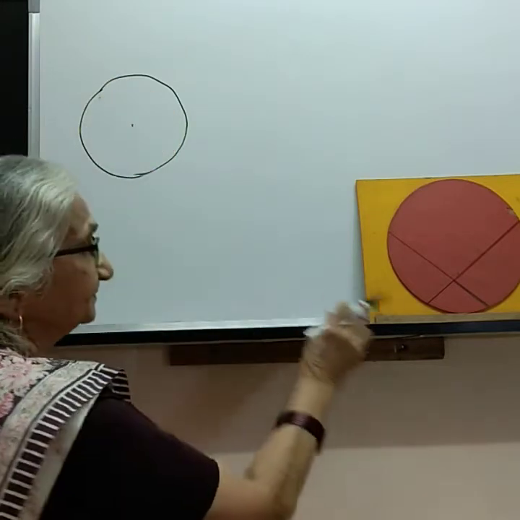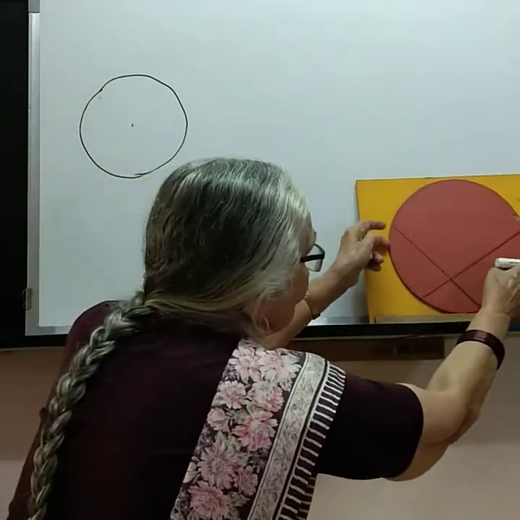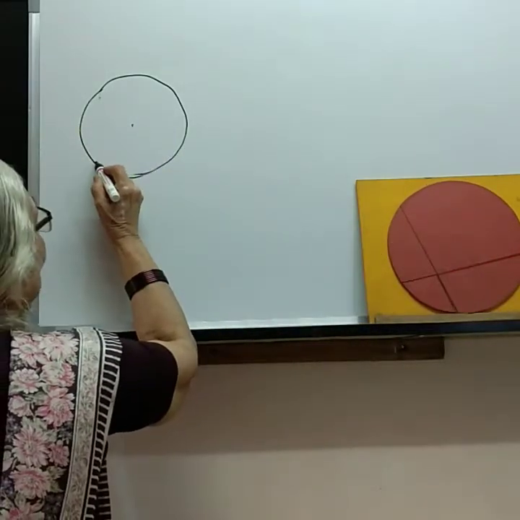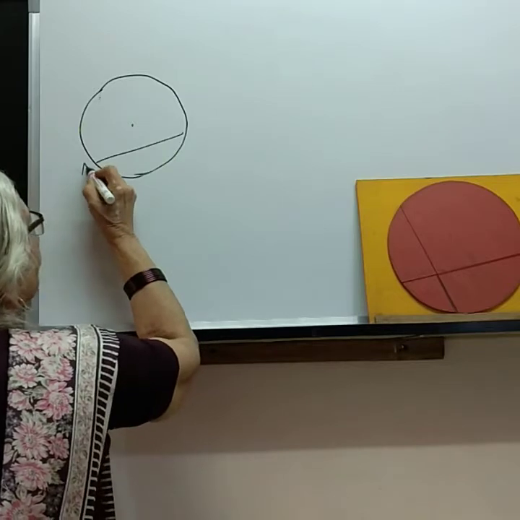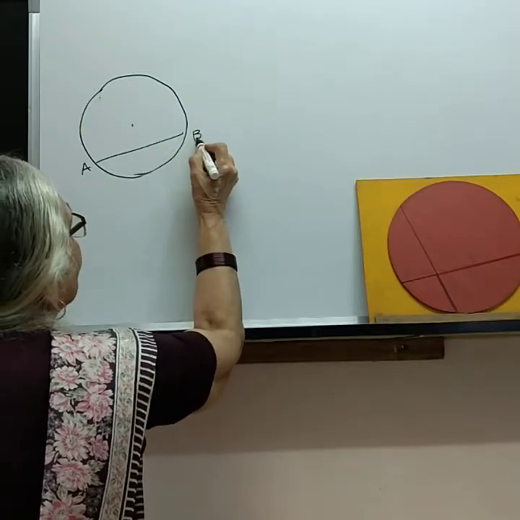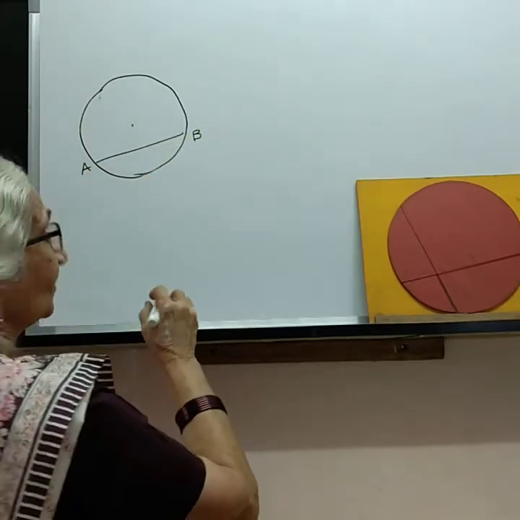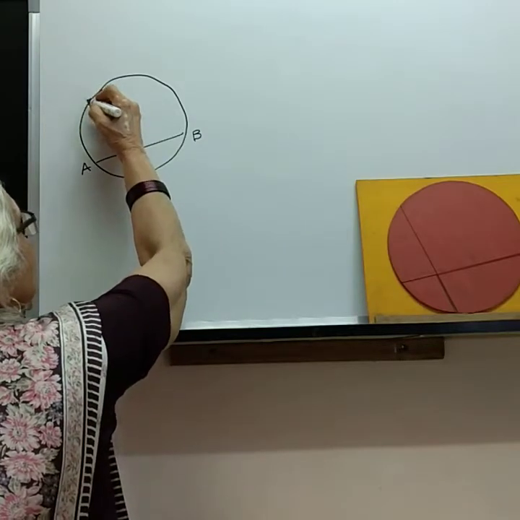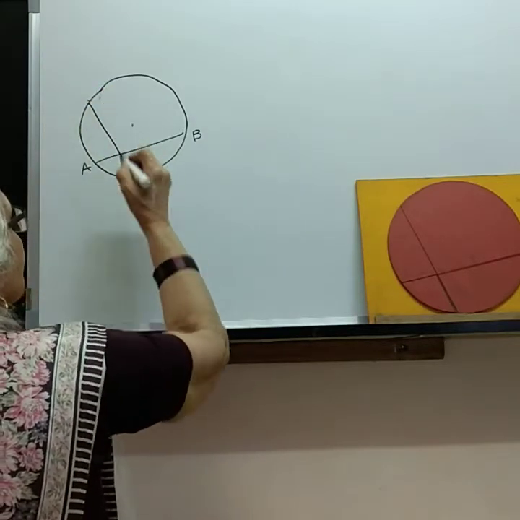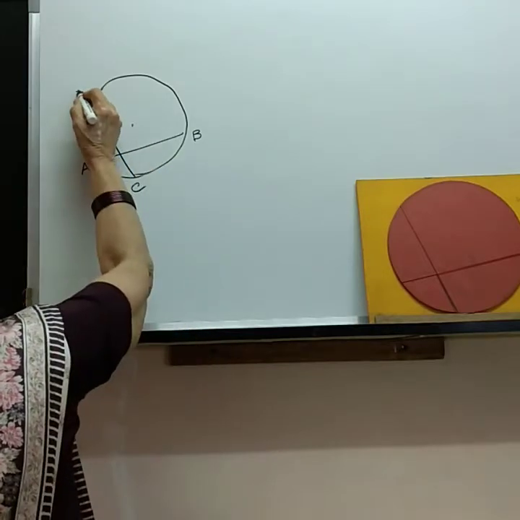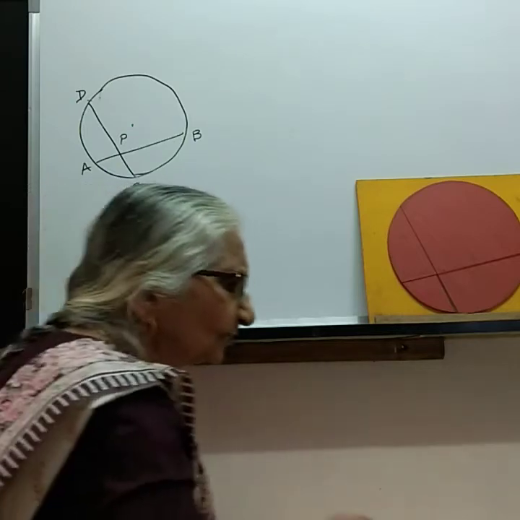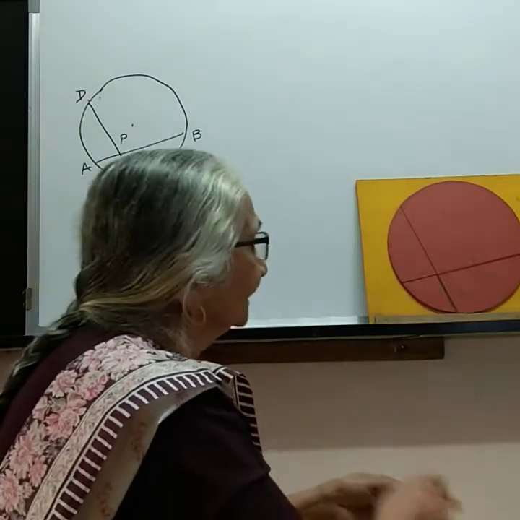We have a chord AB, and the chord CD, and they intersect at P. I will also try to show the colors that I have used here.